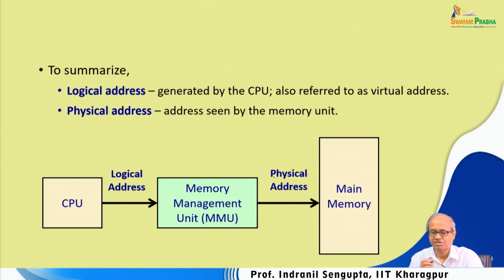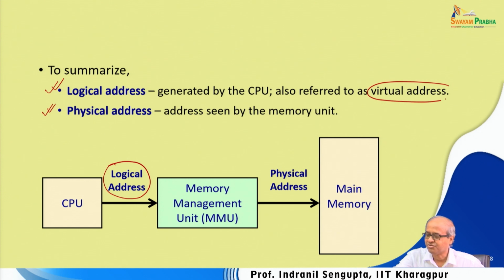To summarize, we have logical addresses and physical addresses. Logical addresses are those generated by the CPU, and these typically start from 0 because it is the logical address space of the process. Because this logical address space has nothing to do with the memory addresses where it is stored, these are sometimes also called virtual addresses.